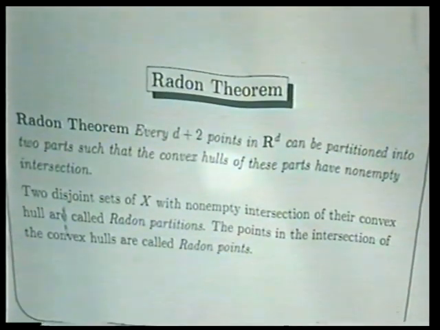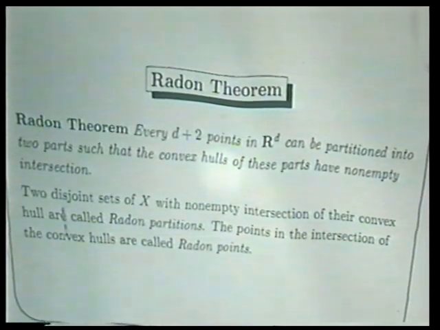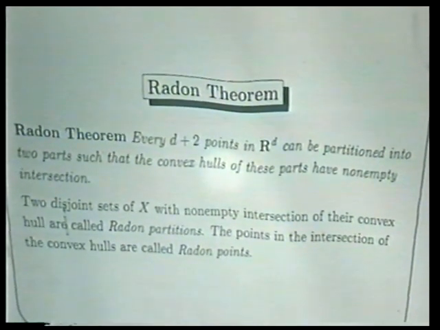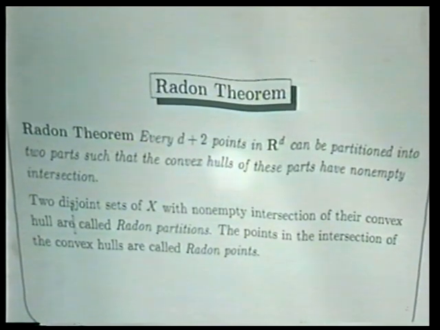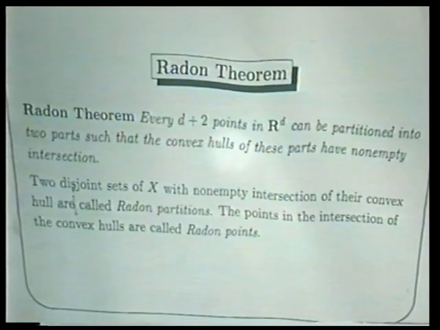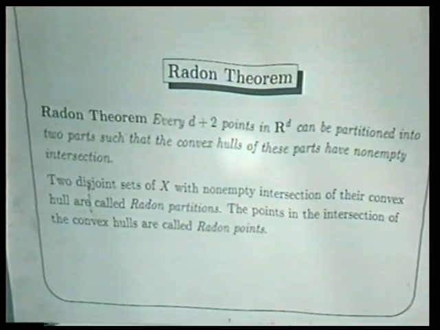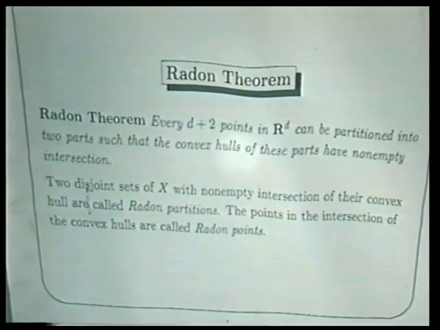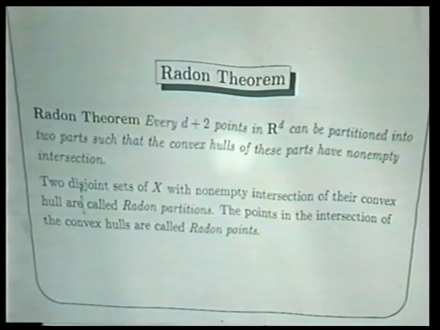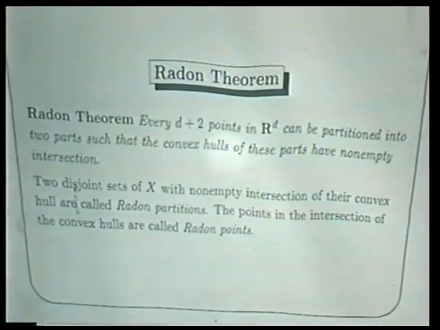Before I start with Tverberg's theorem, let me remind you of an even older theorem of Radon. Radon's theorem says that whenever you have d plus 2 points in R^d, you can partition them into two parts so that the convex hulls of these two parts have non-empty intersection.